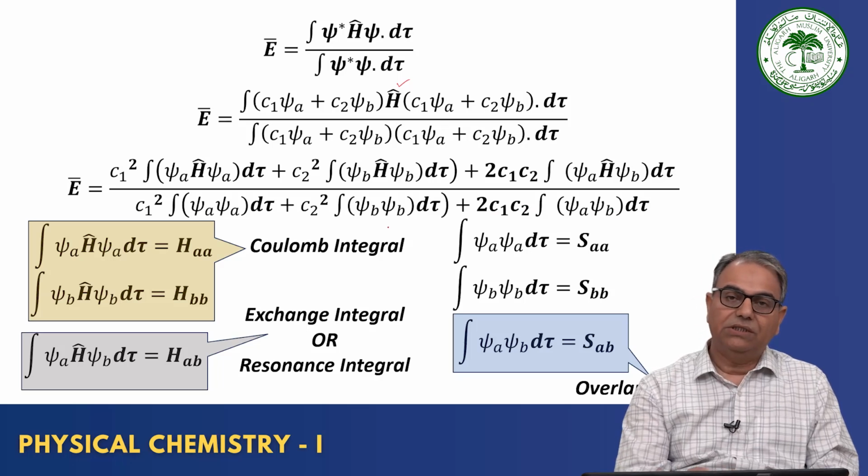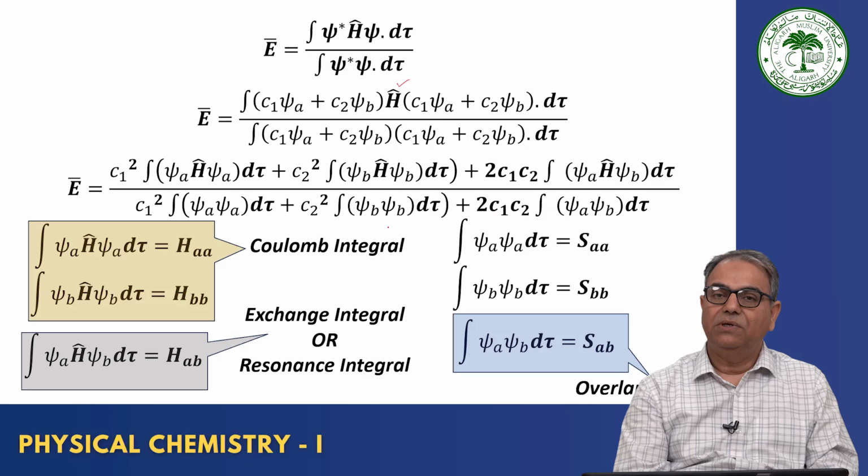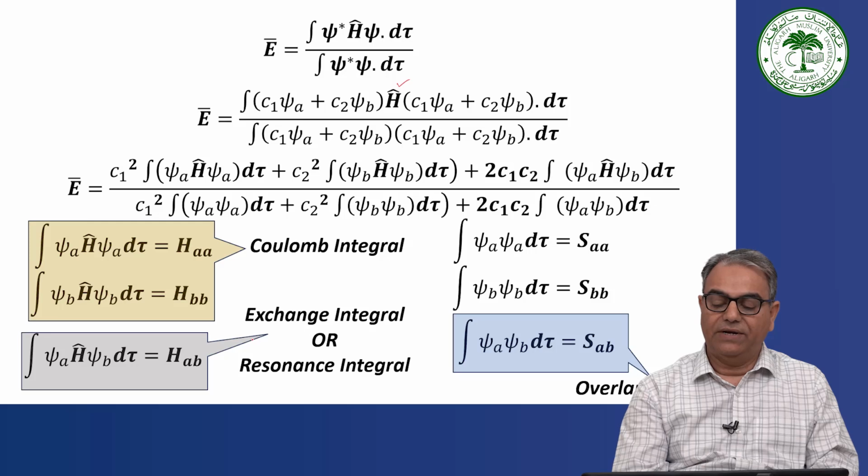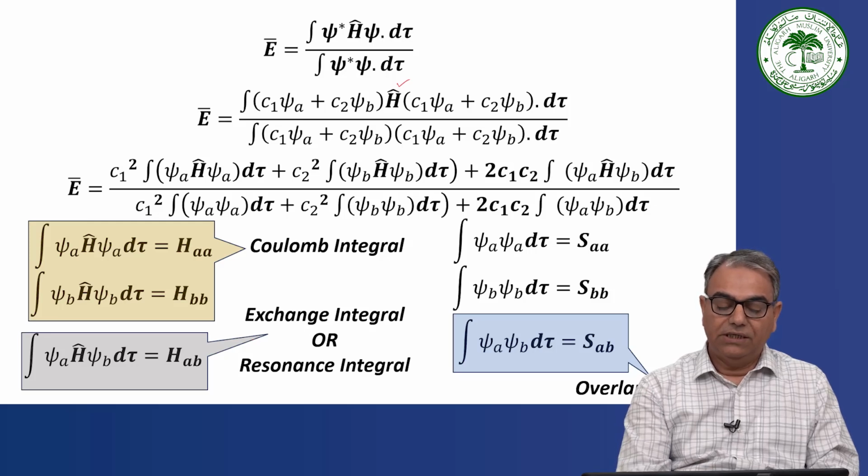Now this ratio is a little cumbersome, so let us make it simpler by finding a shorter way of writing these integrals. The integral psi a h psi a d tau is written as HAA, and psi b h psi b d tau is written as HBB. These two integrals are called Coulomb integrals.